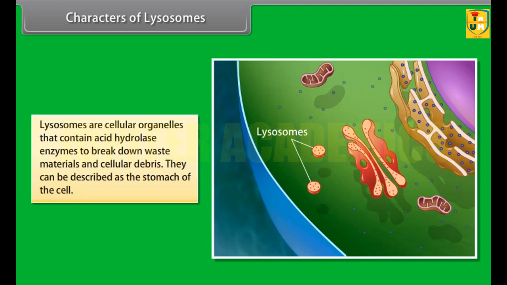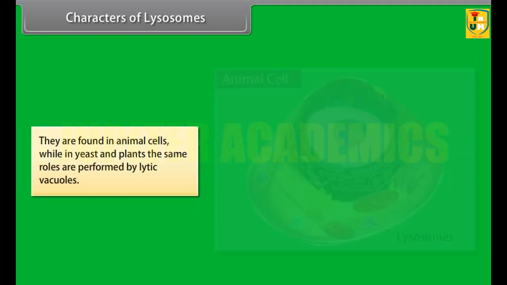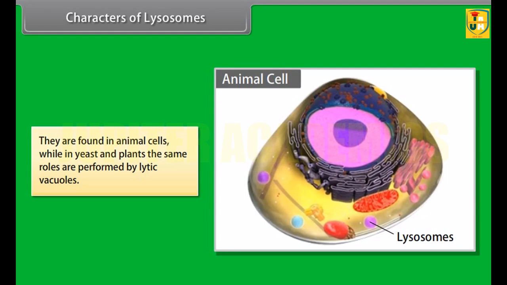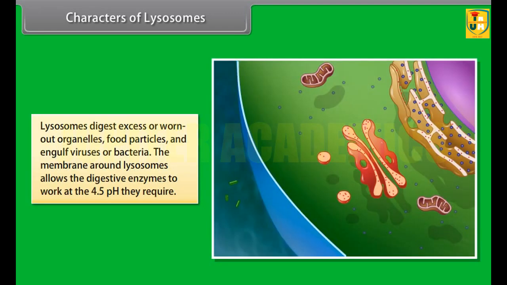Lysosomes are cellular organelles that contain acid hydrolase enzymes to break down waste materials and cellular debris. They can be described as the stomach of the cell. They are found in animal cells, while in yeast and plants, the same roles are performed by lytic vacuoles. Lysosomes digest excess or worn-out organelles, food particles, and engulf viruses or bacteria.